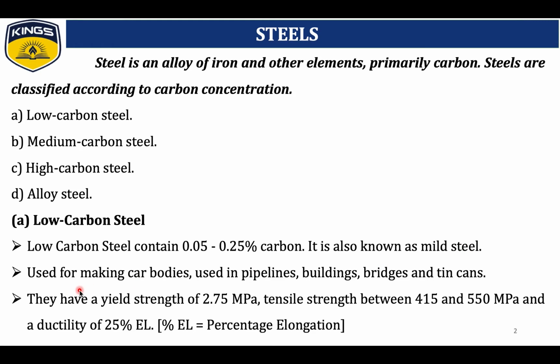These types of steels are used for making car bodies, pipelines, building construction, bridges, tin cans, and so on. They have a yield strength of 275 MPa, and the tensile strength is between 415 to 550 MPa, and the ductility of 25%, that is the elongation percentage.